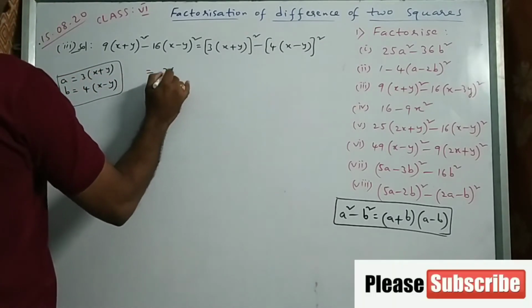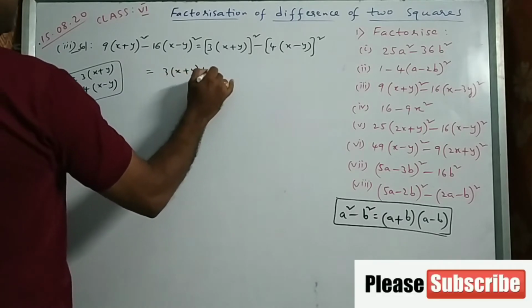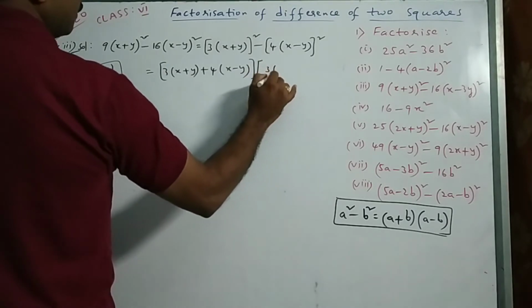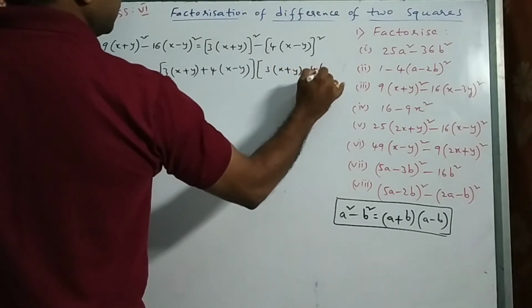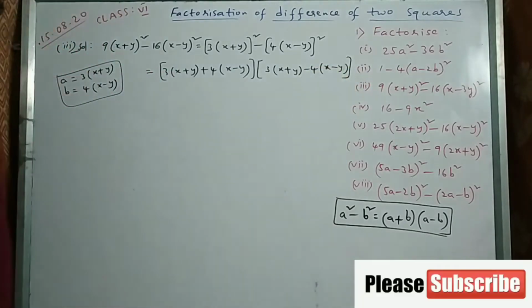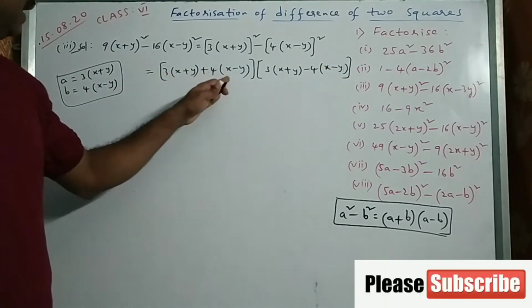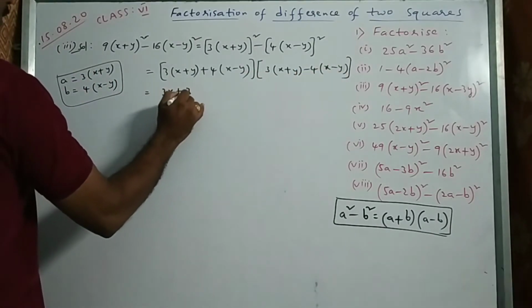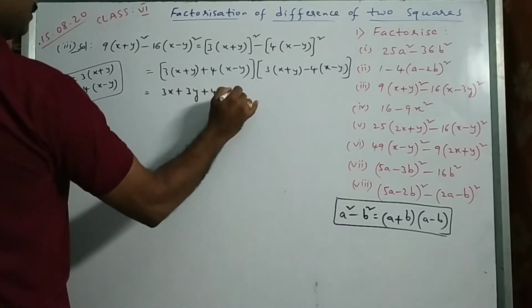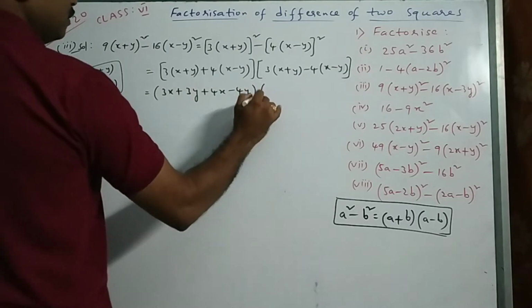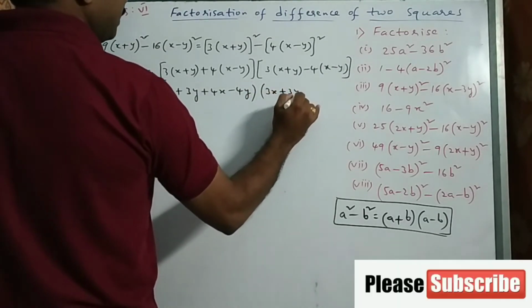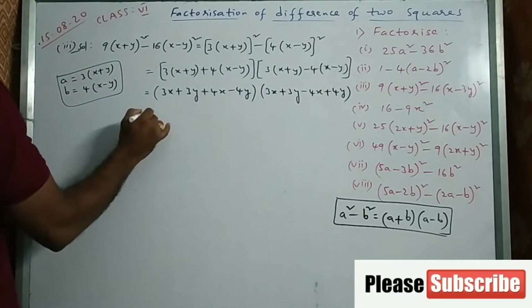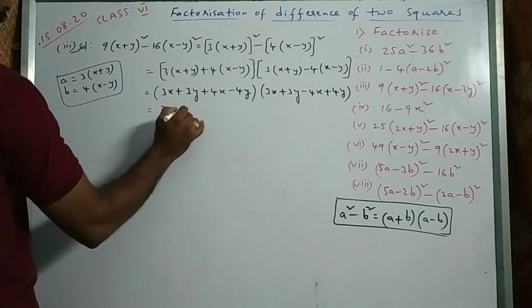A plus b into a minus b. 3x plus 3y plus 4x minus 4y into 3x plus 3y minus 4x, minus into minus plus 4y. 3x plus 4x, 7x, minus y.